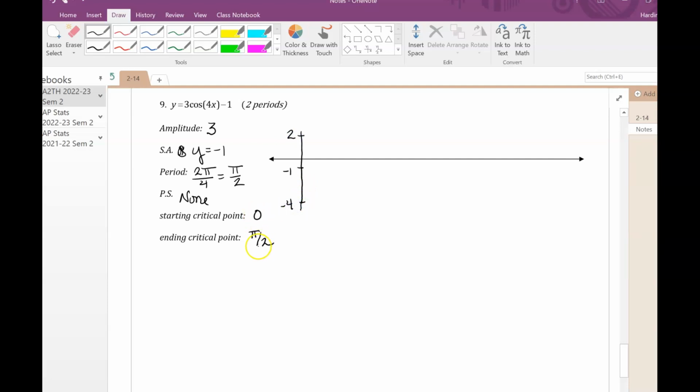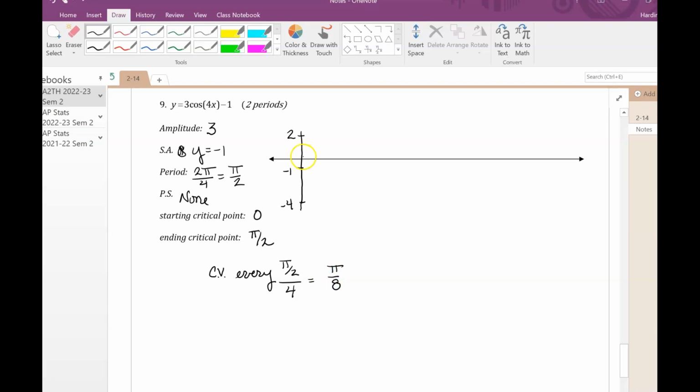So you have a period in here of pi over 2 that has to be split evenly into 4 spaced out critical values. What you need to do is take the period of your graph divided by 4. There needs to be a critical value every pi over 8.